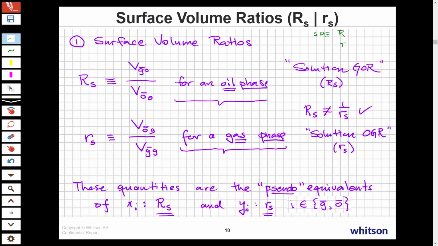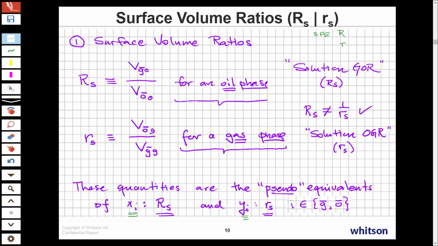These quantities are really the black oil equivalent to composition. So the RS term is really giving us an indication of what is the oil composition. What's the mole fraction of the oil phase that's surface gas, and what's the mole fraction of the oil phase that's surface oil. Likewise, the little rs term is giving an indication of what is the molar composition of the gas phase.